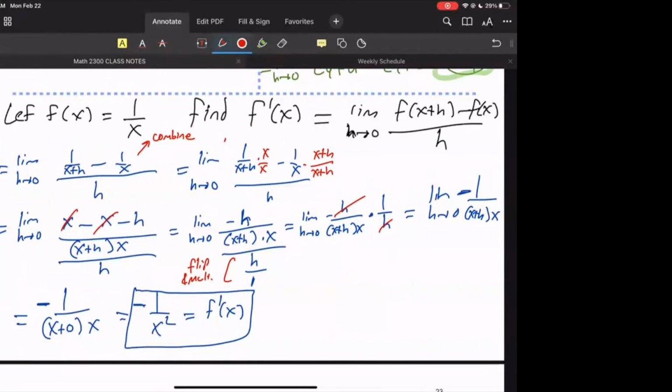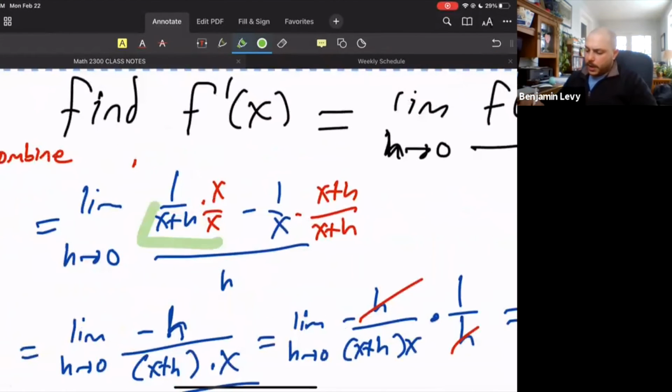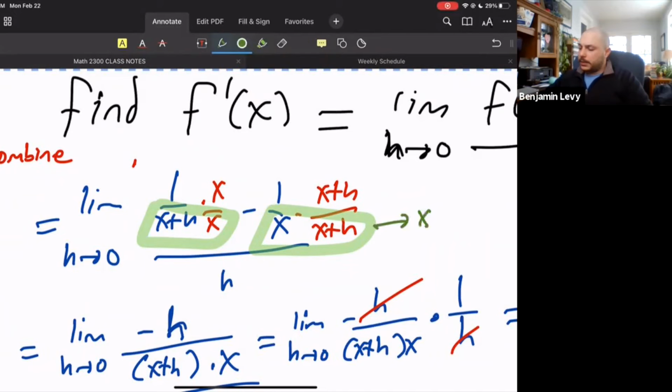Can you explain how you got the bottom part of the original fraction when you went to x minus h? How'd you get the bottom part? You mean this part right here? Yeah. If we zoom in right here, we're finding a common denominator, right? When you multiply those two things together, you get x times x plus h.